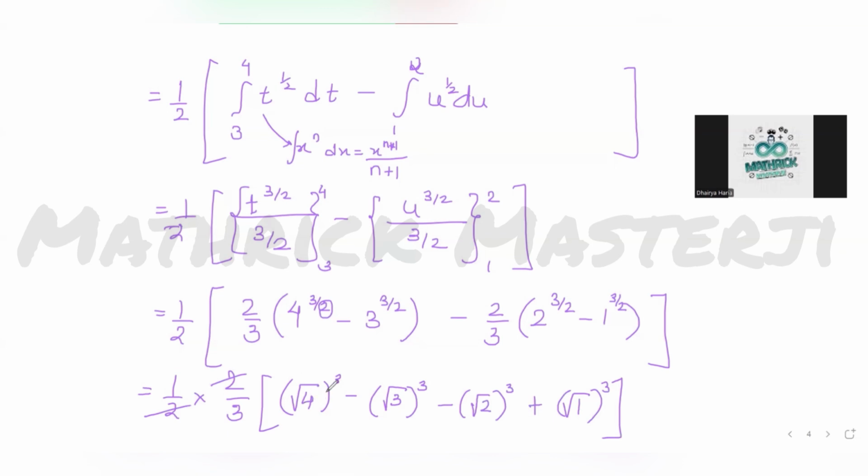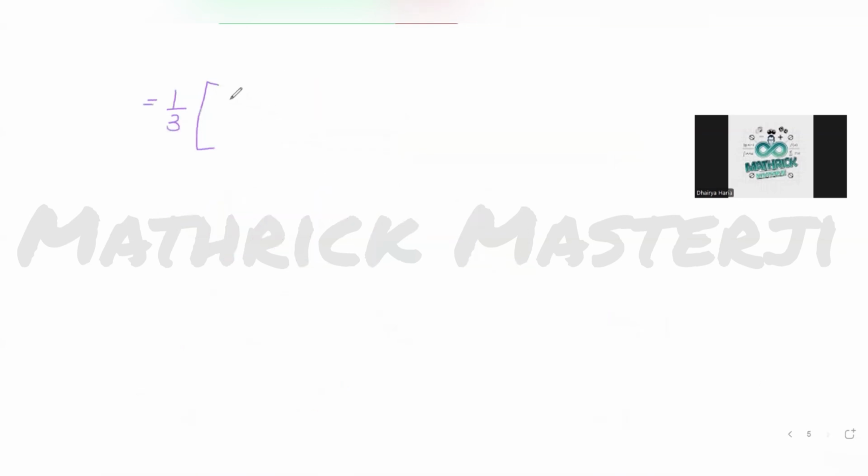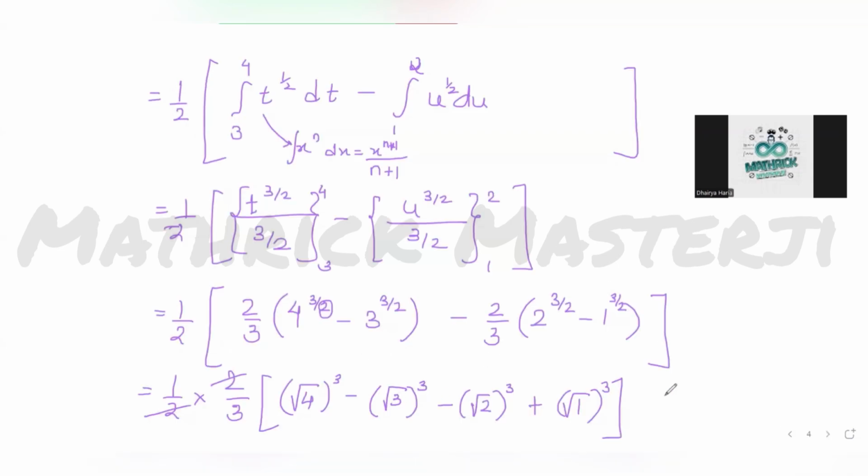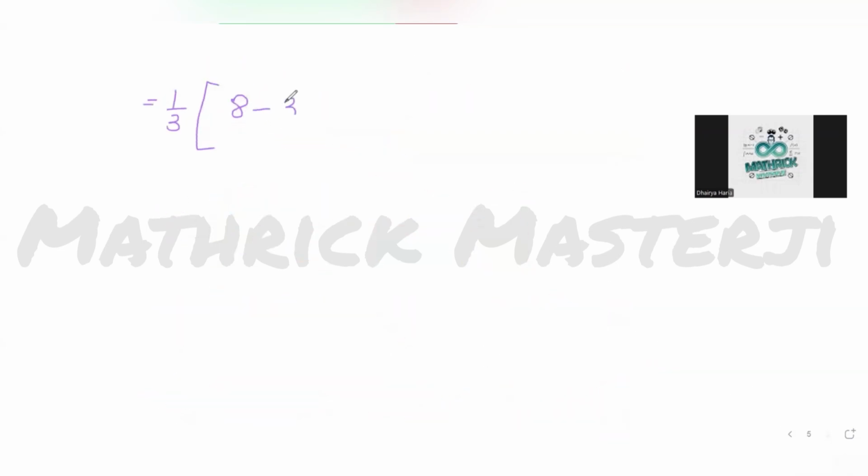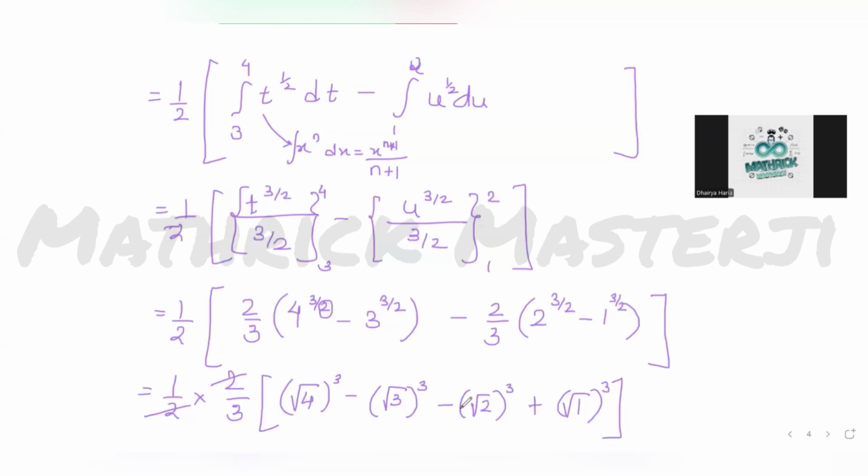Square root of 4 is basically 2, so 2 cubed gives me 8, minus square root of 3 cubed will give me 3 root 3, and root 2 cubed will also give me 2 root 2, plus square root of 1, which is again 1. 1 cubed will give me 1.